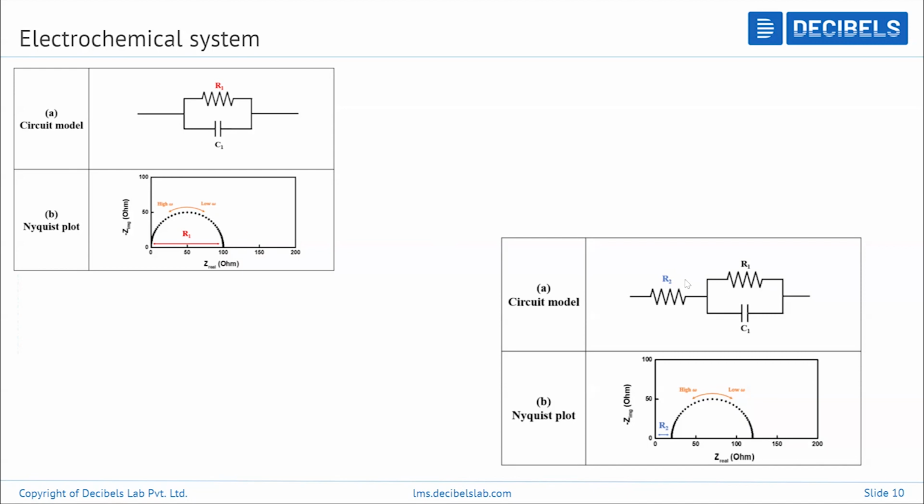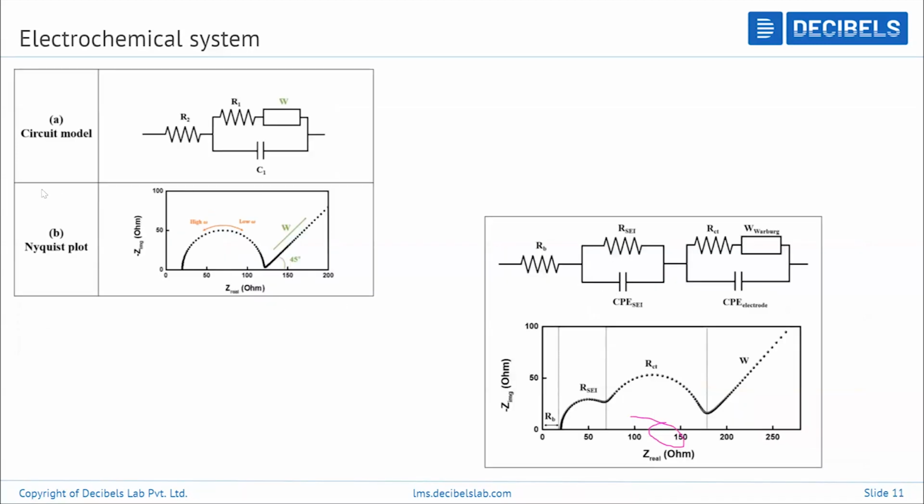This is the RC link with an attached resistance, which you can take as the electrolyte resistance. Again, this can be represented over here. Next, the Warburg.